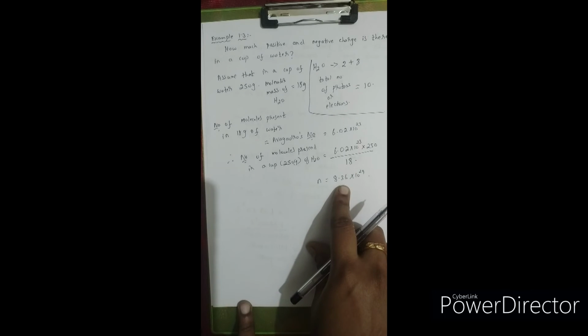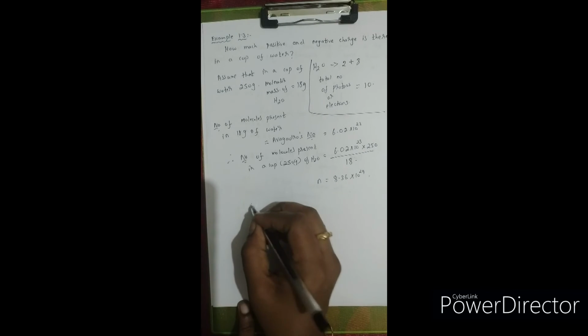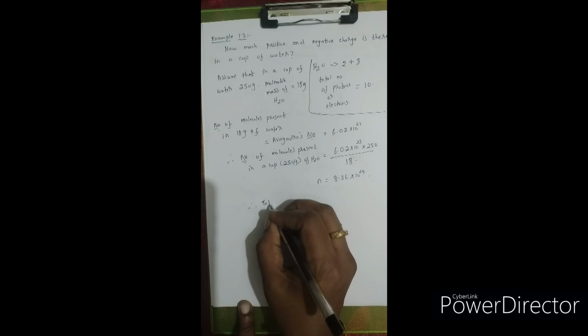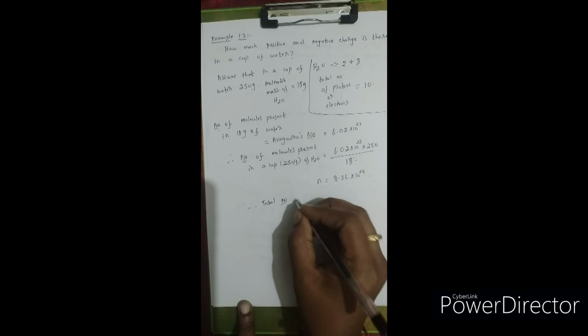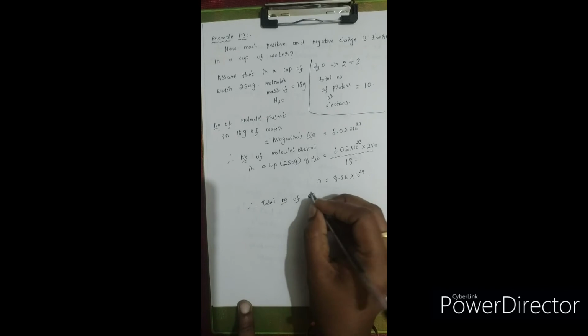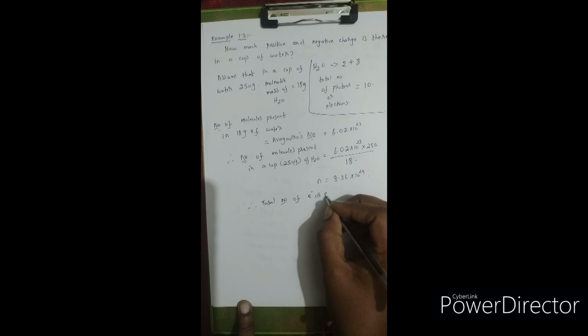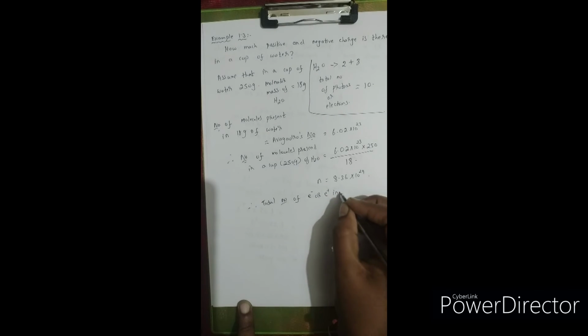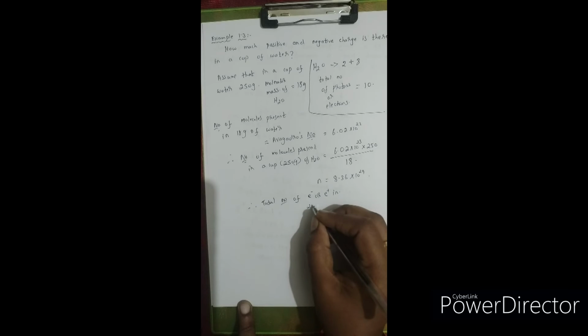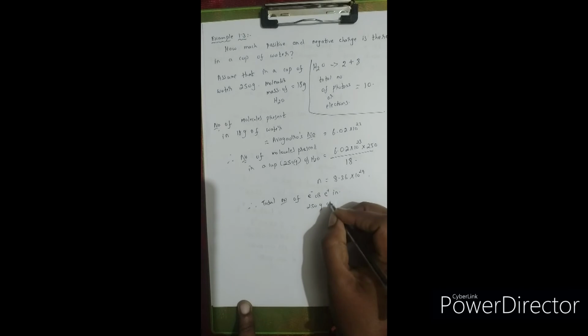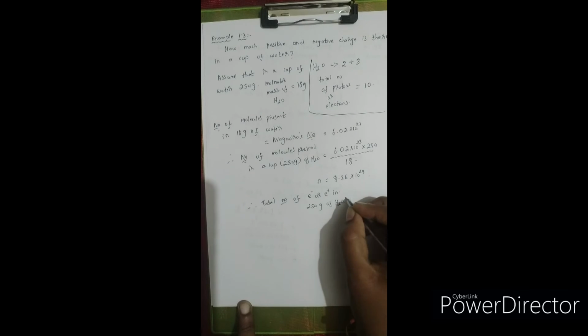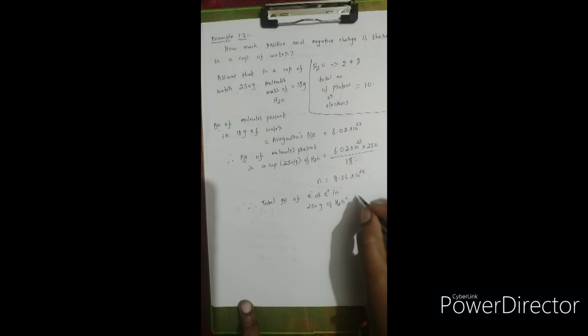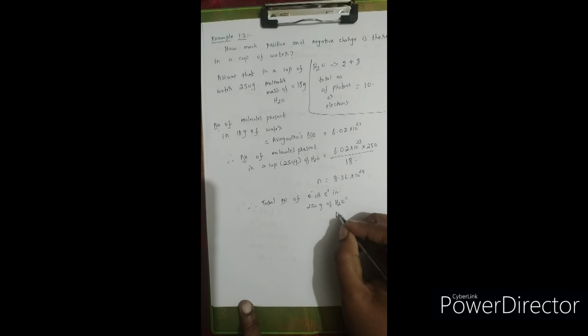Now we have to calculate how many electrons or protons are present in a cup of water, right? Therefore, the total number of electrons or protons in 250 gram of water will be equal to what? N dash, right? Let's represent it as N dash.